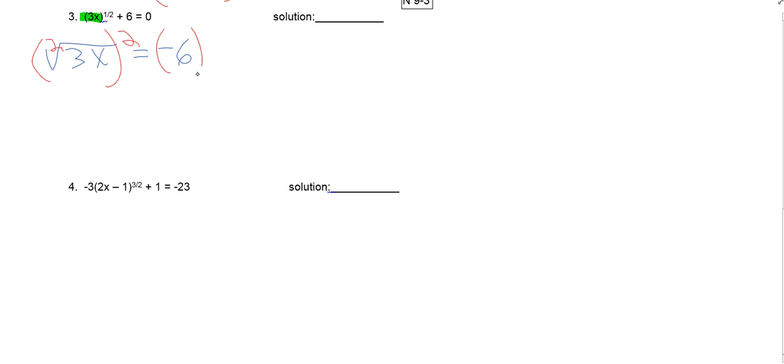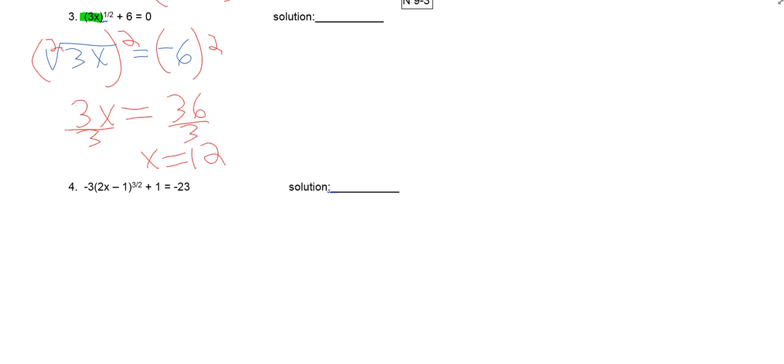And then, of course, we're going to square the right-hand side. And you square a square root, and you just get the radicand out. So you get 3x equals positive 36. And divide that by 3. And x equals 12.